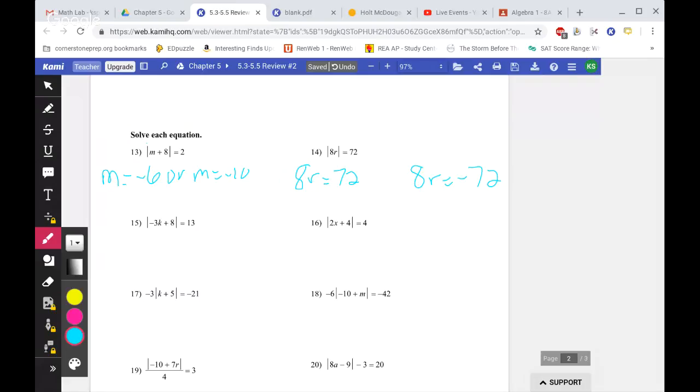So basically, once you take these two little bars out, you get two different equations. Is that making sense to everybody? Now we're going to divide both sides by 8 to isolate our variable. And we get r equals 9. And over here, we get r equals negative 9. So our two answers here are r equals 9 or r equals negative 9.